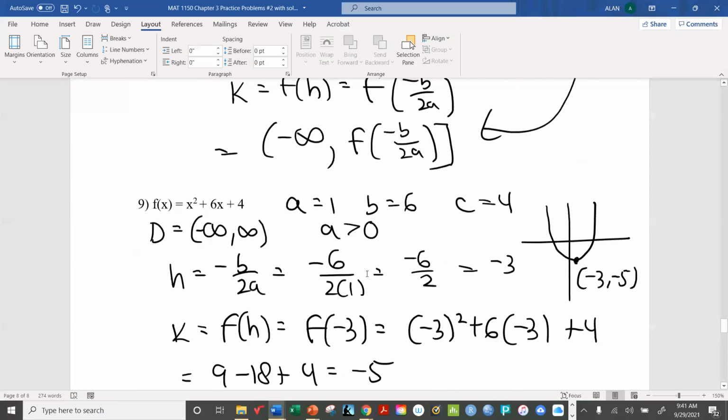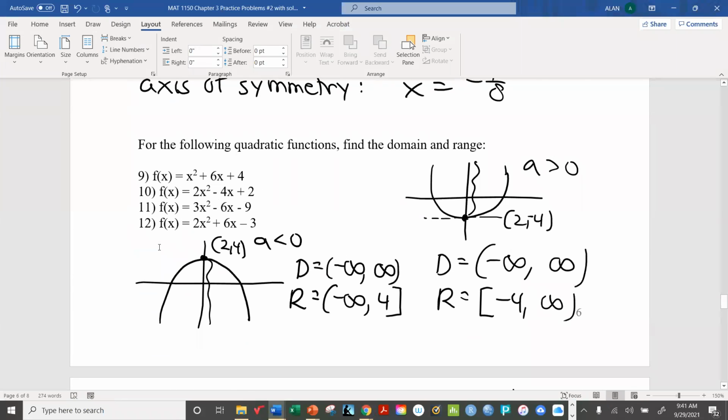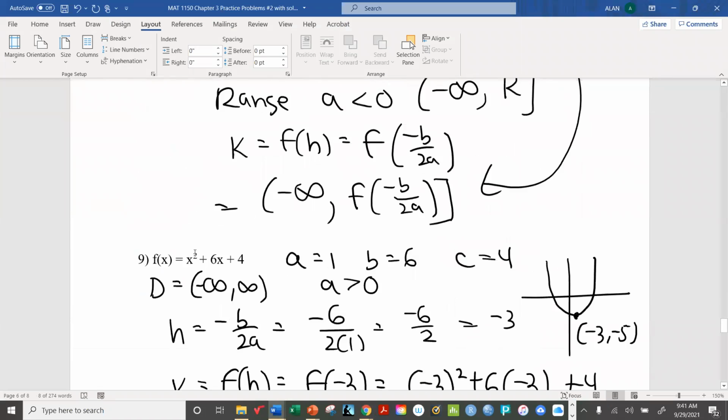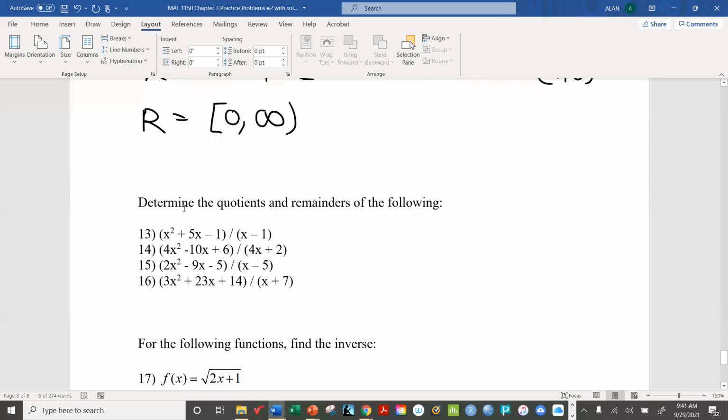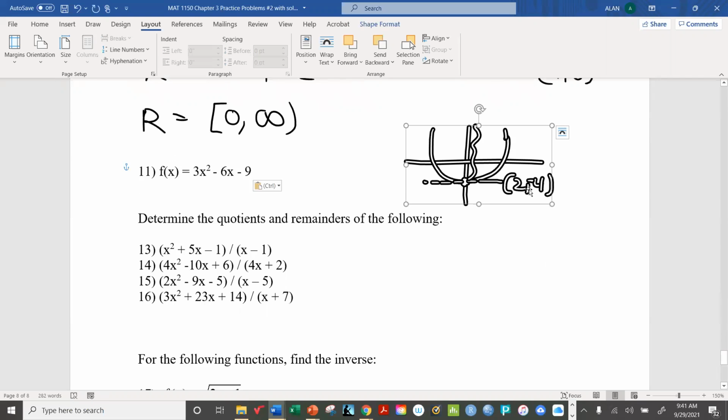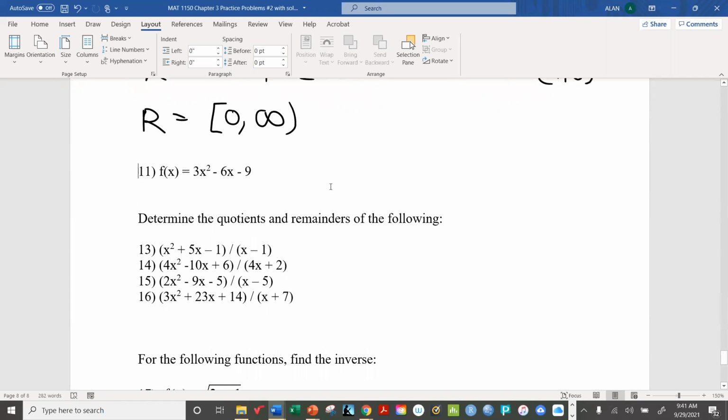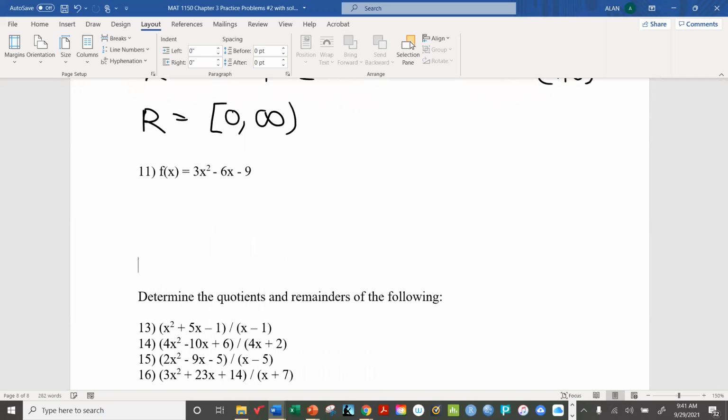So what about 11? Oops, we don't need this. All right, so we'll do the same thing. So again, we note that A is positive.